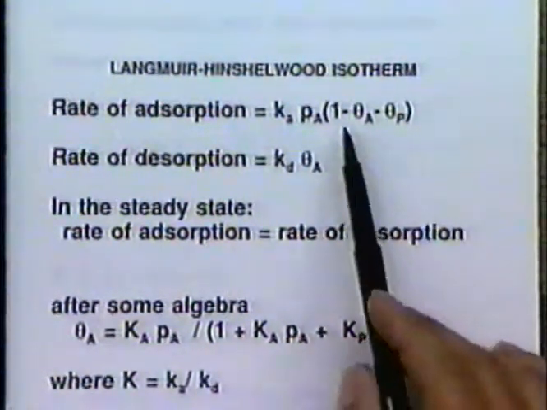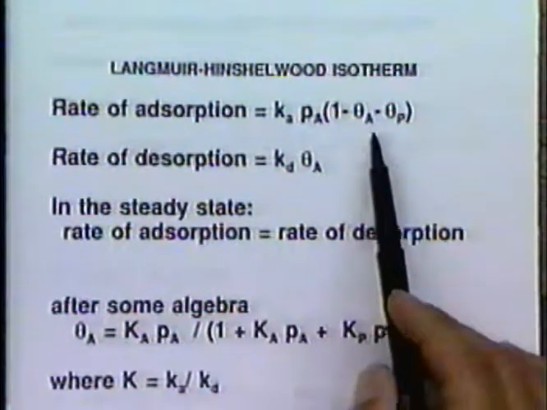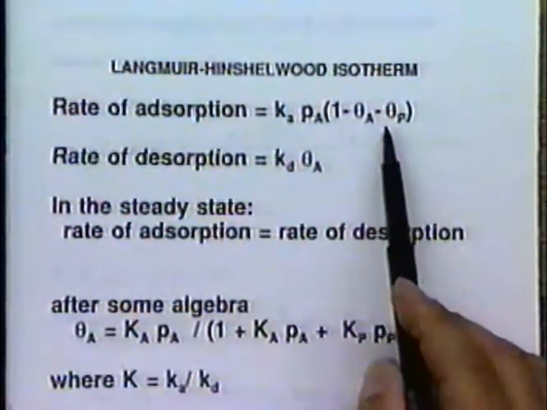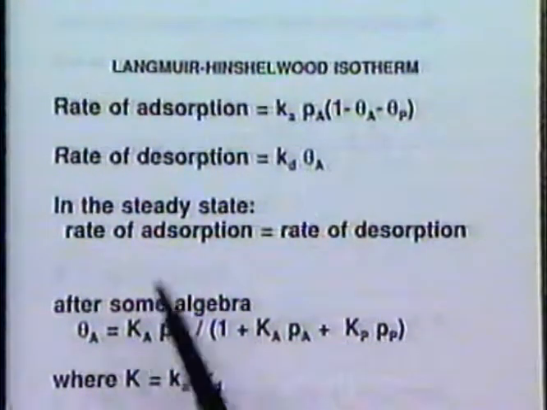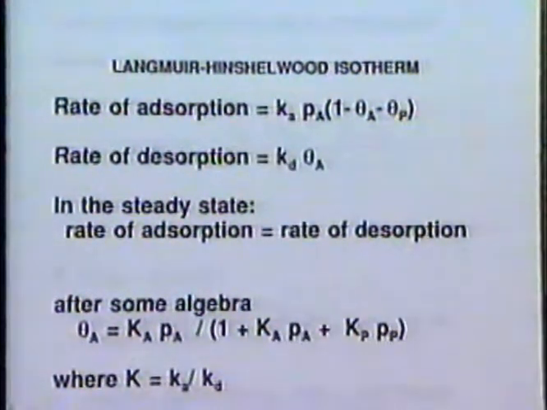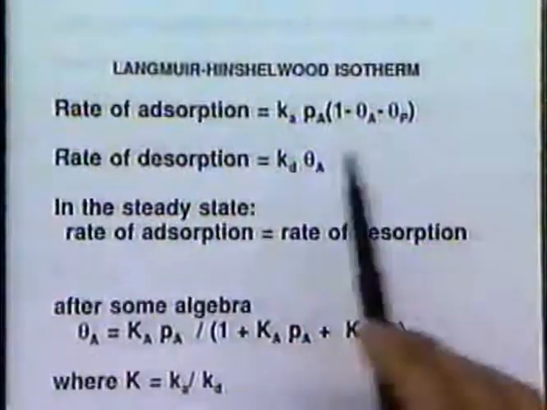That fraction of the surface will be 1 minus the fraction covered with species A minus the fraction covered with species P. Now, this will be the rate of adsorption. In order for a molecule to get to the surface, it has to find a portion of the surface available for adsorption. That portion of the surface will be 1 minus the surface which is covered with molecules A minus the surface which is covered with molecules P. So that will be the rate of adsorption.